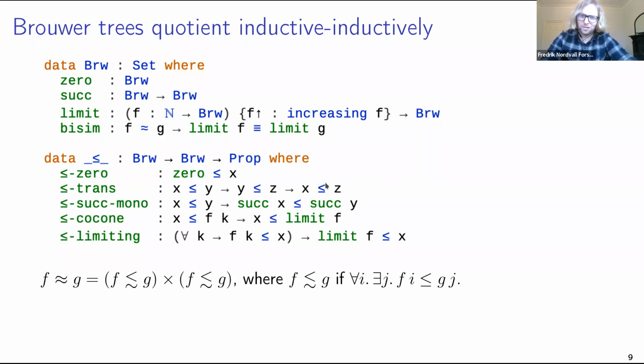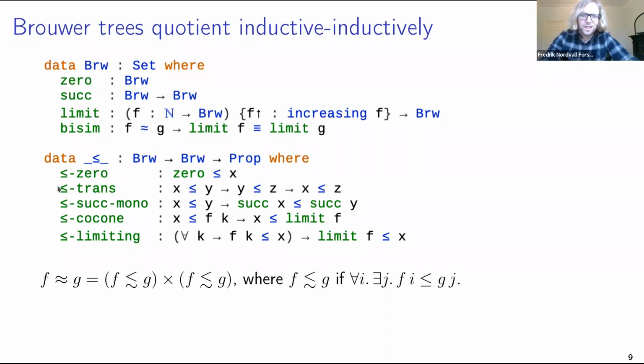Otherwise you could worry, maybe we can define transitivity from the other ones, but in practice, since we are prop truncating, it's not a problem to throw it in. I mean, it could still be a problem because it could make our inductions harder, but in practice, it doesn't seem to be, so we're happy to throw it in.